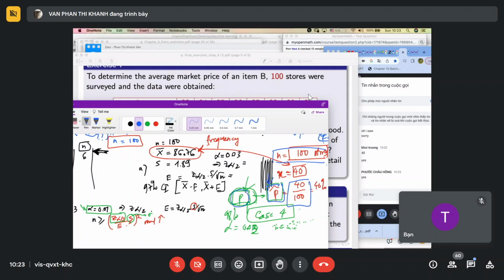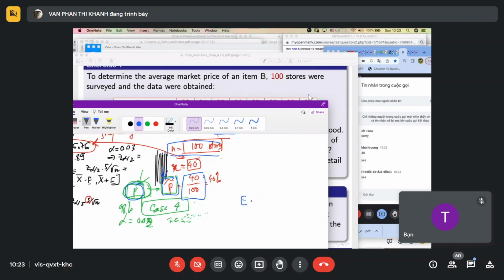You want to estimate, so we use E. What is E? E here is z alpha over 2, case 4, which is for proportion, times the square root of p hat times 1 minus p hat over n.